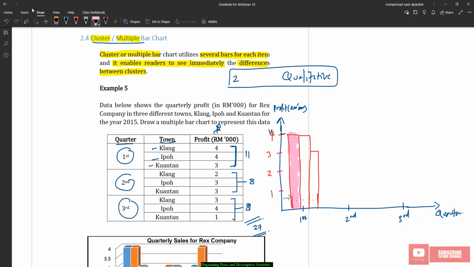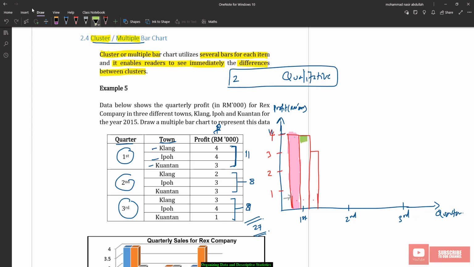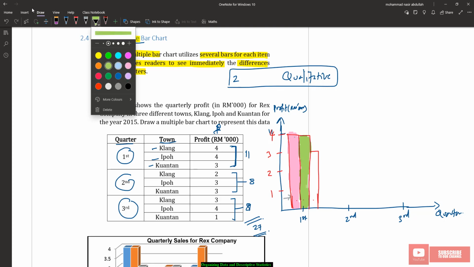Right? Colour nicely. And then second bar is representing Ipoh. Ipoh should be green. And the last one is Kuantan. Kuantan, kita letak colour apa? Contoh, kita ambil colour biru.